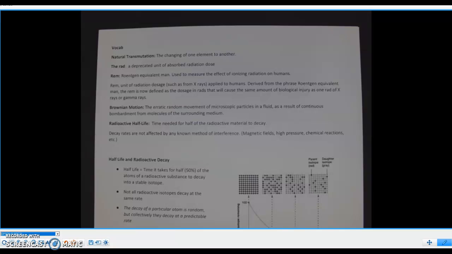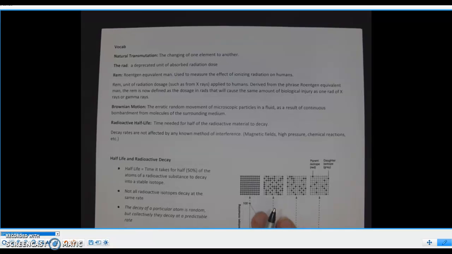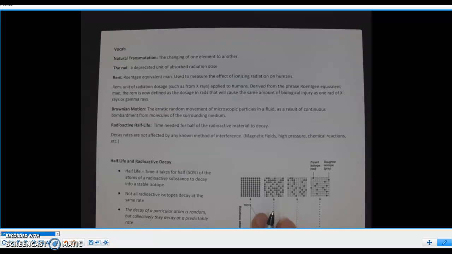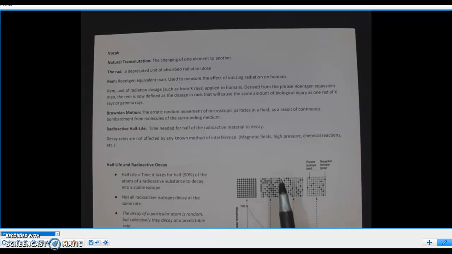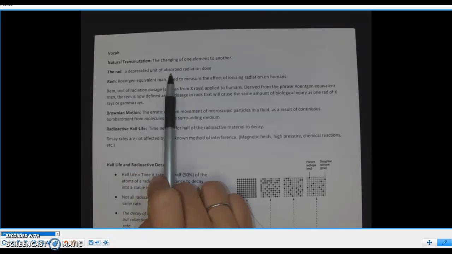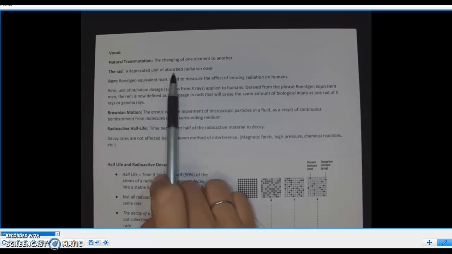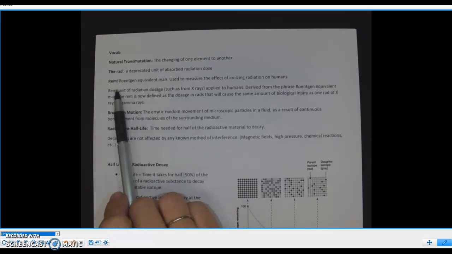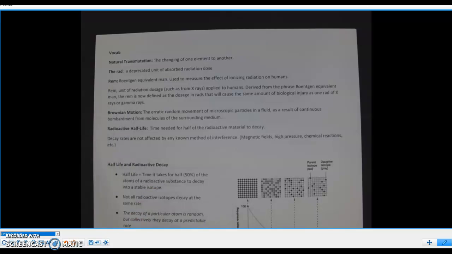Alright, let's wrap up this learning target. What I want you to do is take a moment and read through these vocab words and be familiar with them. I'm just going to focus on a couple of them here. RAD, R-A-D, is a measure of absorbed radiation, and how that absorbed radiation affects humans is a REM, okay?